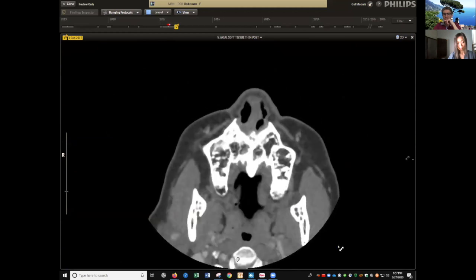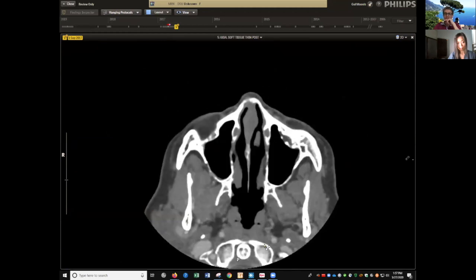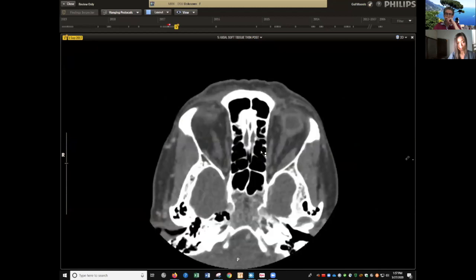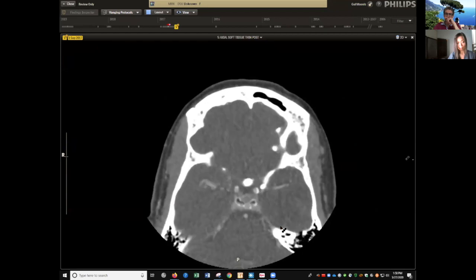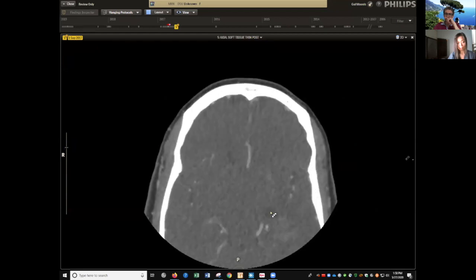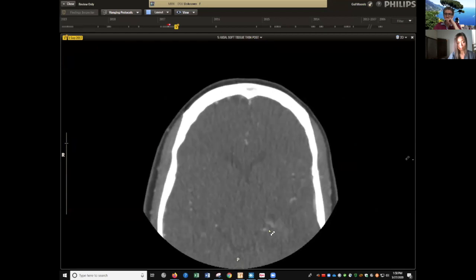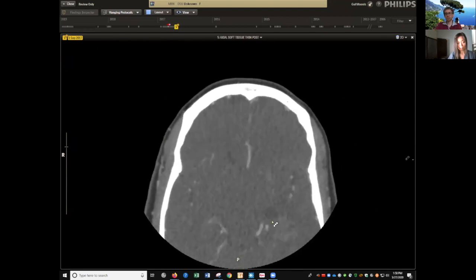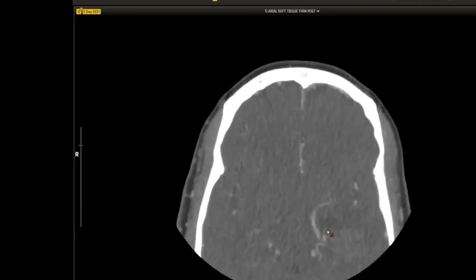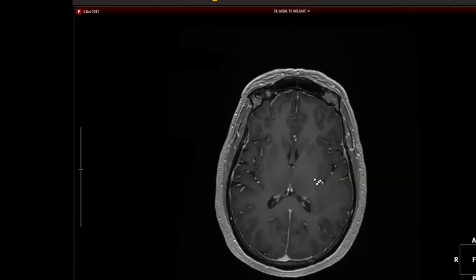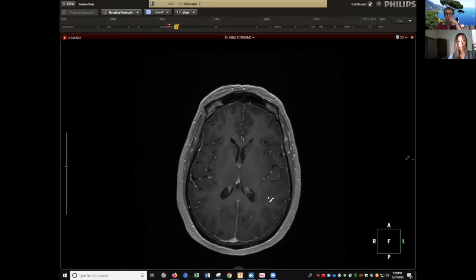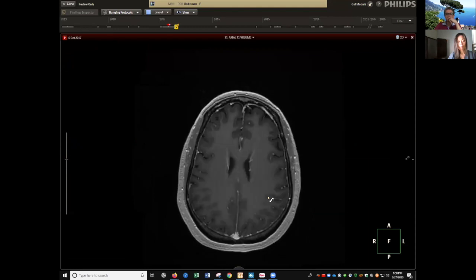However, as we were scrolling through the images, we also noticed that this patient had some abnormality in the left temporal lobe. You can see some nodular enhancement here in the left temporal lobe and maybe some cystic change. So long story short, we got an MR. And since we're all neuroradiologists, in addition to being head and neck radiologists, I figured this might be a good case to show.